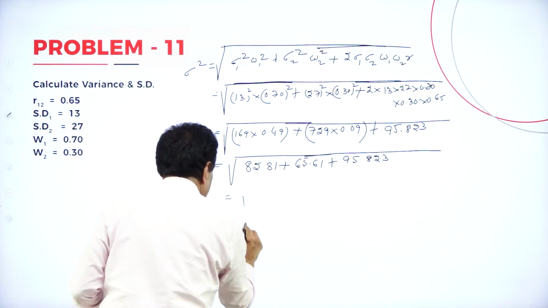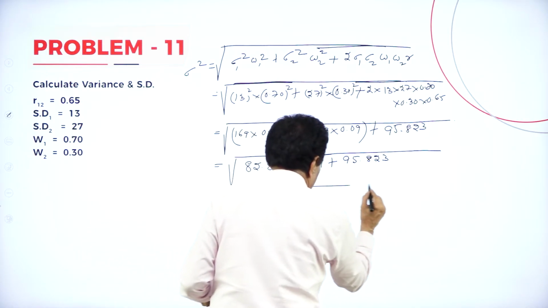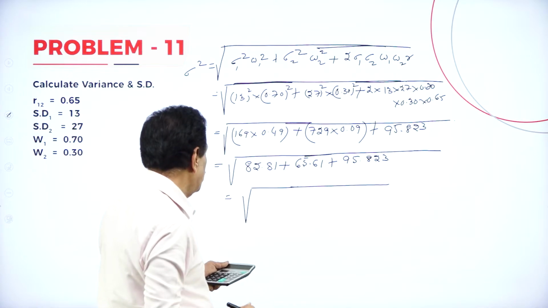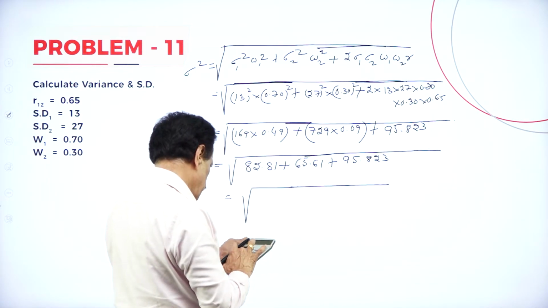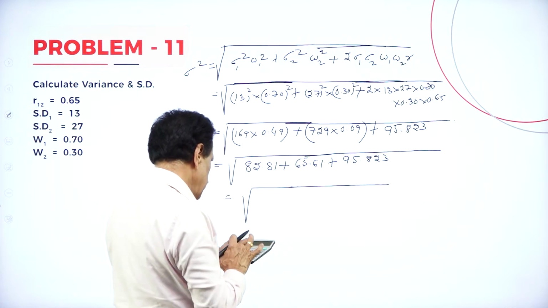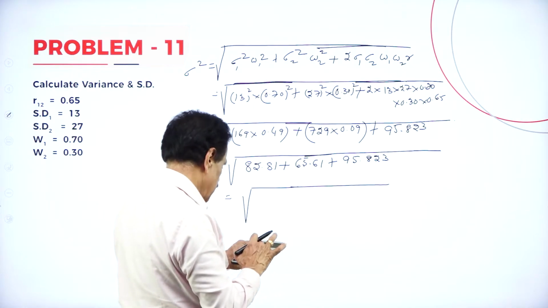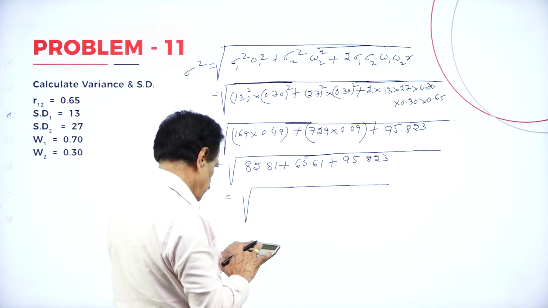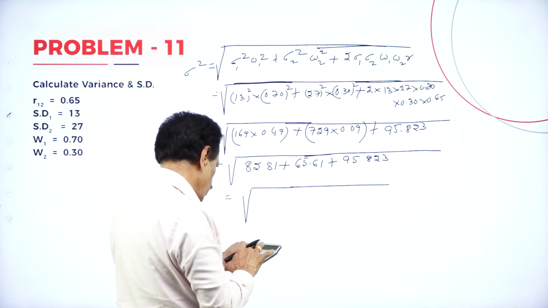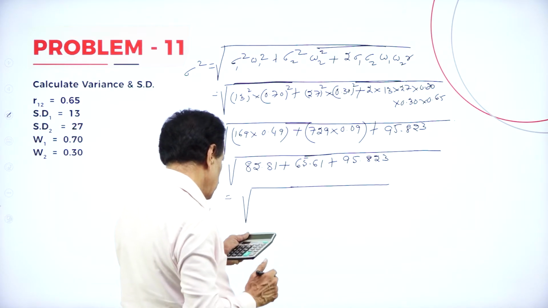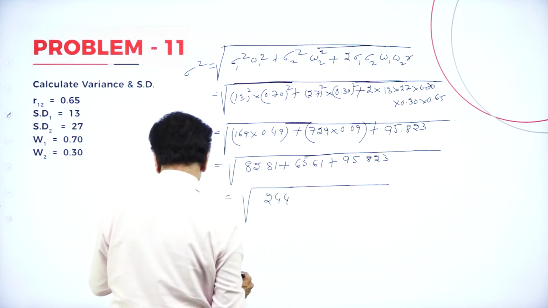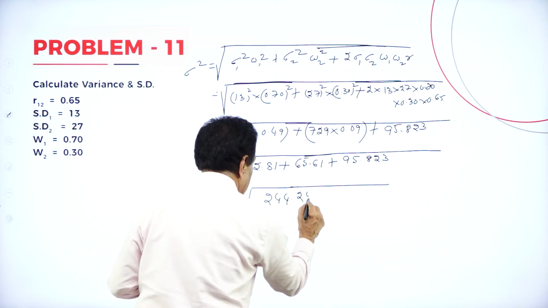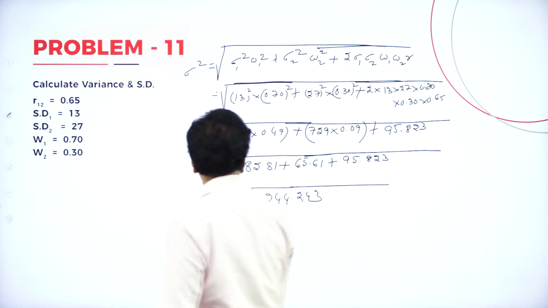Root of 65.61 plus 82.81 plus 95.823, root of 244.243. So we have solved.